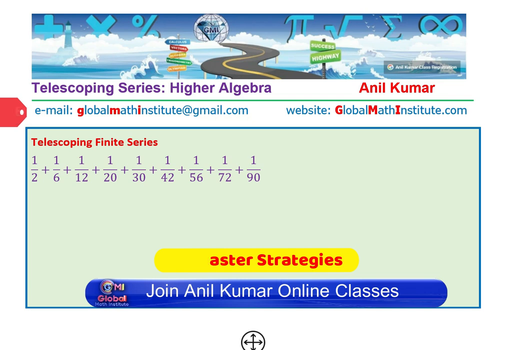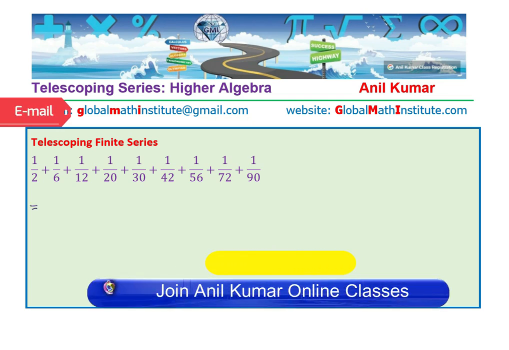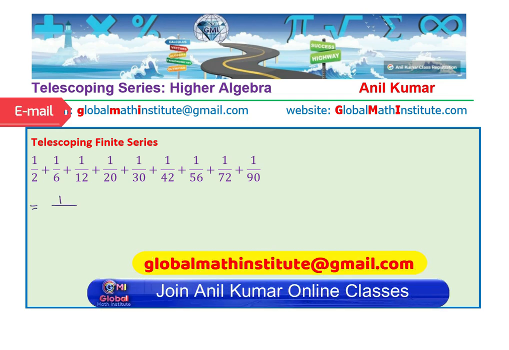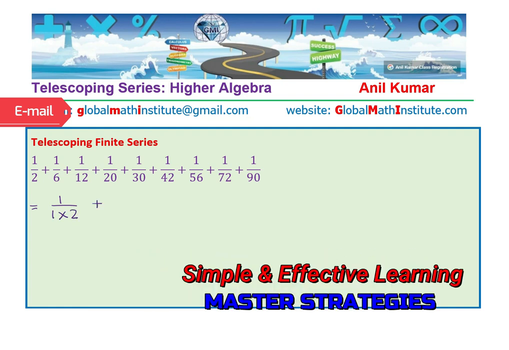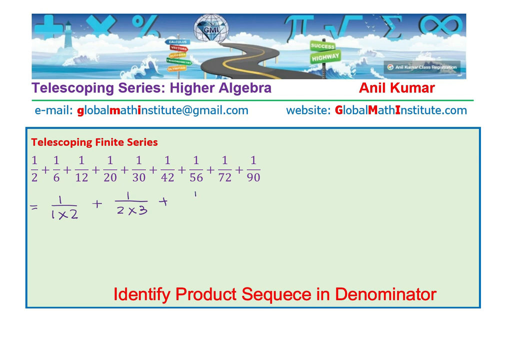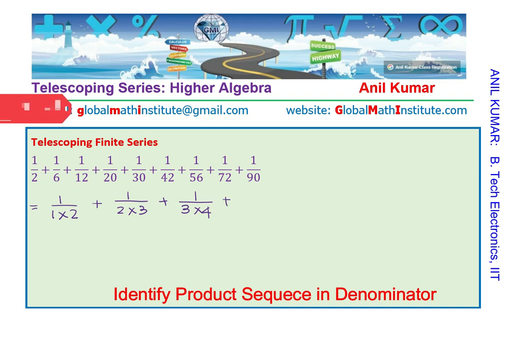So we could rewrite this series as 1 over 2 can be written as 1 times 2, right? Plus 6 can be written as 2 times 3. 12 can be written as 3 times 4. Makes sense? You see how we are writing this series? That's the whole idea: write it in a form so that there could be a general way of writing it.